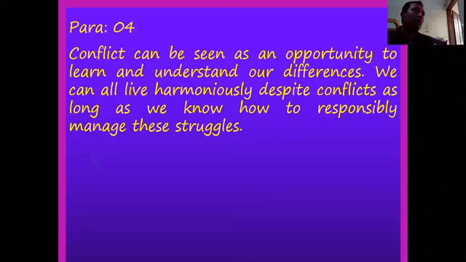This is our last para, and let us see its Bengali translation.